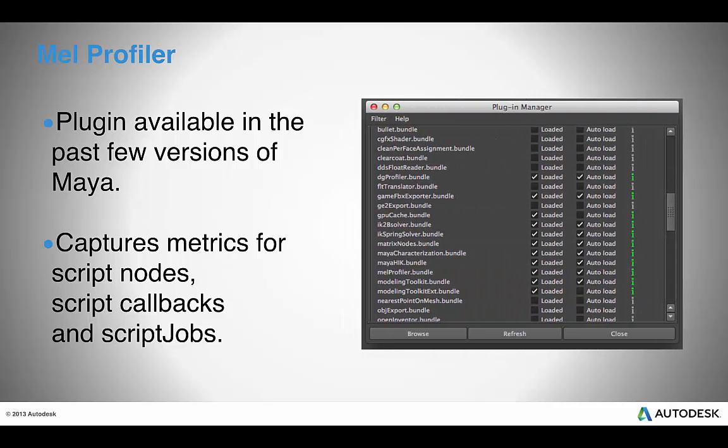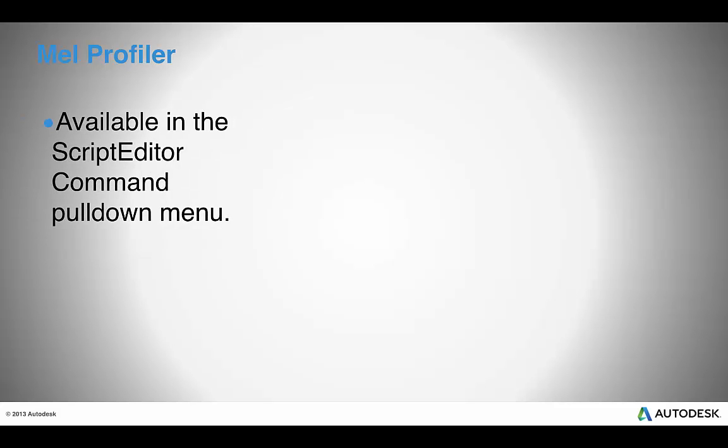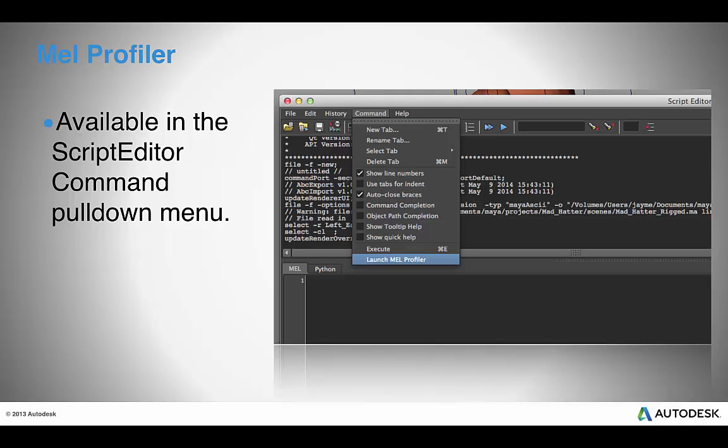Here again, since it is a plugin, it's available under the plugin manager to load, and its plugin is called the Mel Profiler, and you just want to load or auto-load that as you will. The Mel Profiler is available under the script editor command window, under the command menu item, launch Mel Profiler.